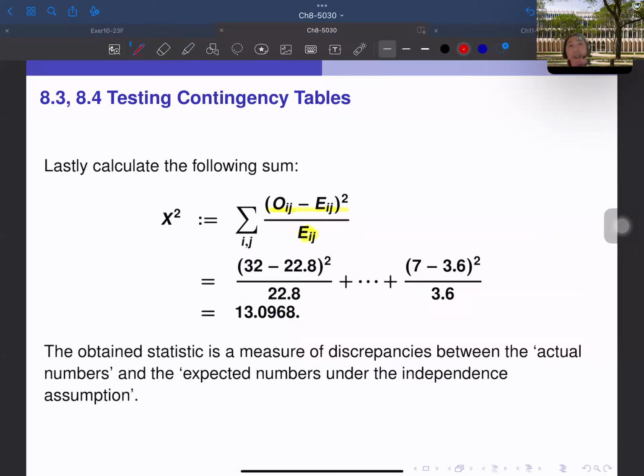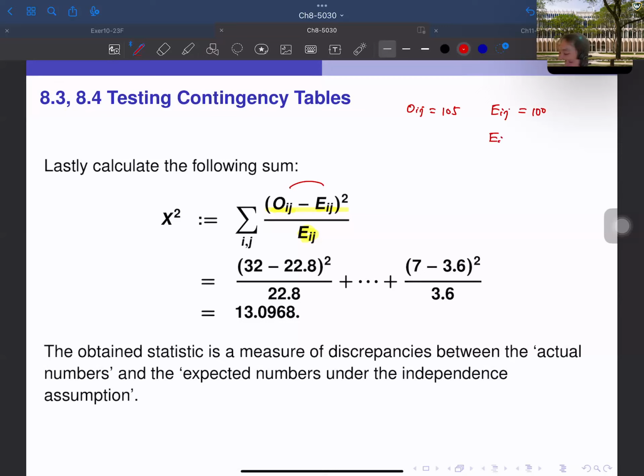if the sample is small, this difference is large compared to the sample size. So think about the case that we have an expected number equal to 100, and O_ij is determined randomly based on the independence assumption, it may be 105 or something like that.